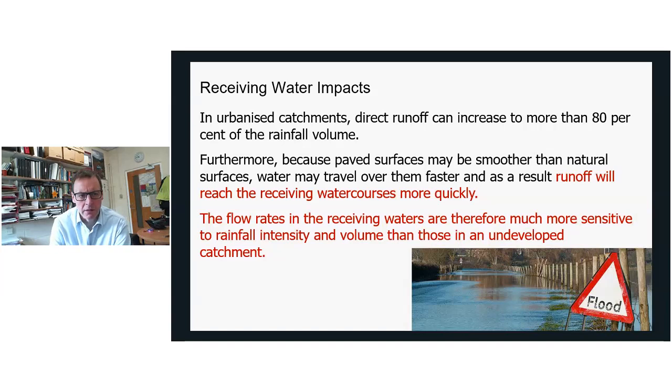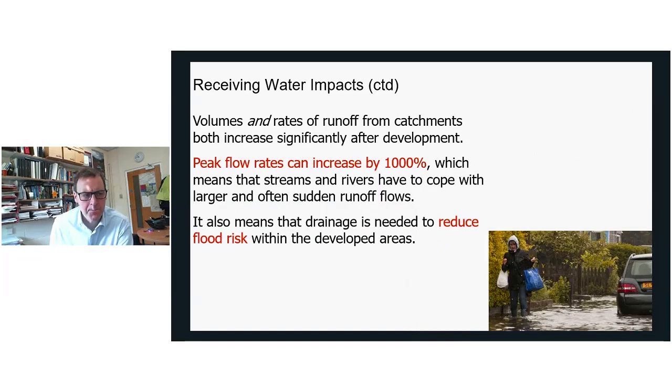That means the runoff volume can increase substantially because of development, and due to that you can get increased flood risk and also environmental impacts, because the extra and faster flows in rivers result in erosion and deposition problems, which we'll come to later, I think. The peak flows can increase by up to 10 times.